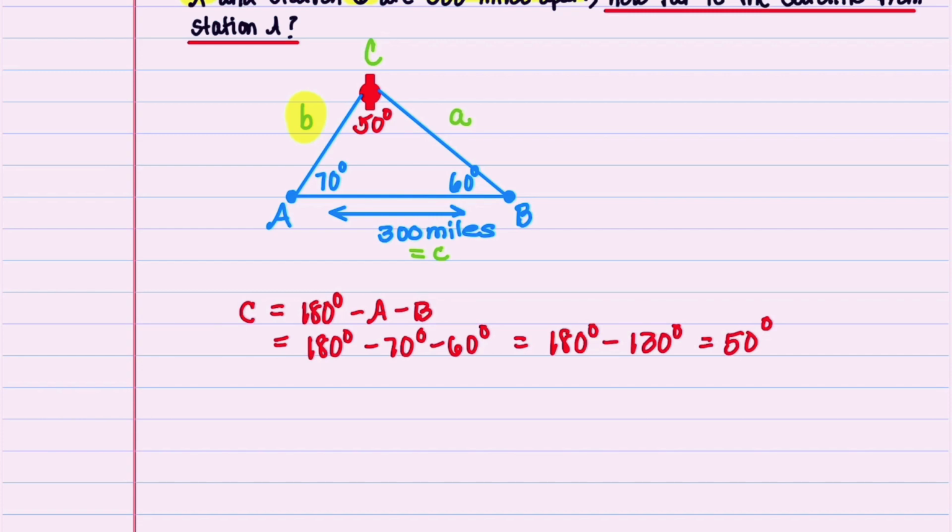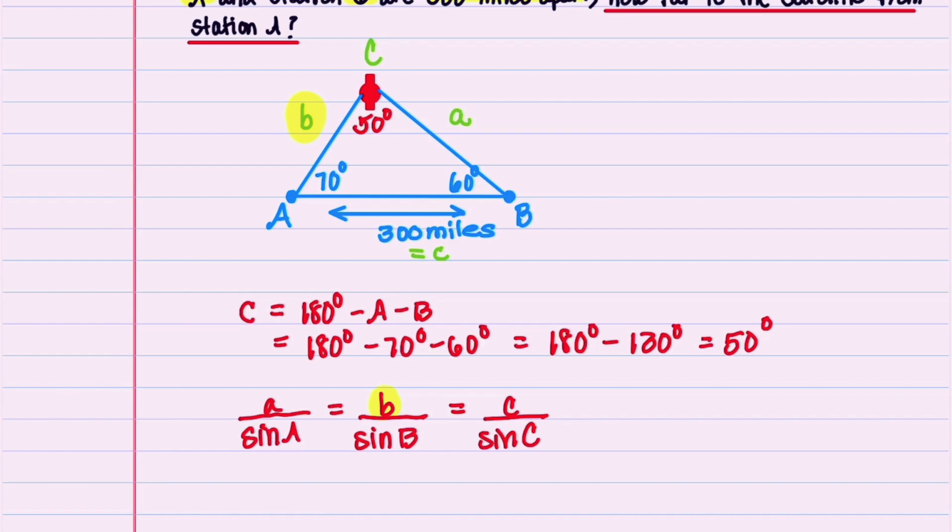Let's now write down the law of sines. And we're solving for a side, so we're going to write it as A divided by the sine of angle A is equal to B divided by the sine of angle B is equal to C divided by the sine of angle C. We'll highlight in yellow what we want to find, and then let's highlight in green what we actually know.